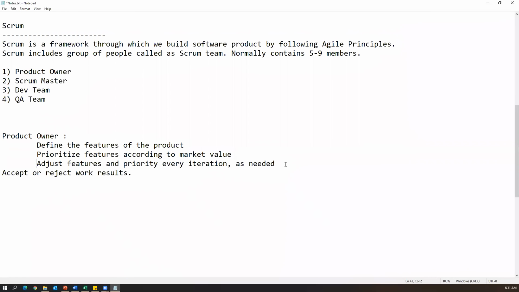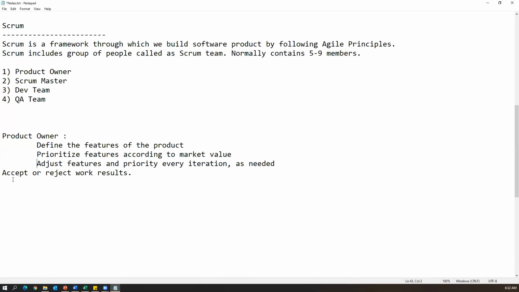For example, if he has 100 features to be developed for the product, he will decide which features are to be implemented first, which in the next cycle, and which in the third cycle. He will adjust the features according to priority in every iteration or cycle as needed.